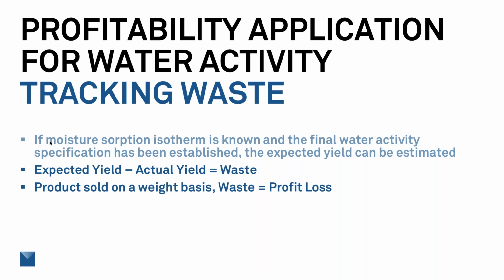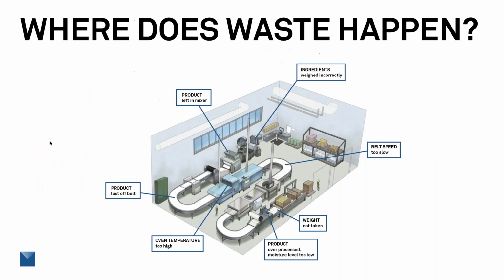If there's weight loss that goes beyond what you would expect in terms of water loss to get to that water activity, any of that additional weight loss is considered waste. It's loss that is not going to translate into revenue.